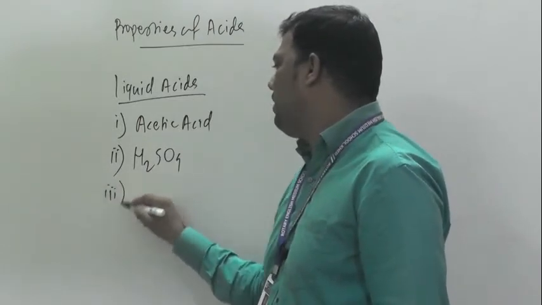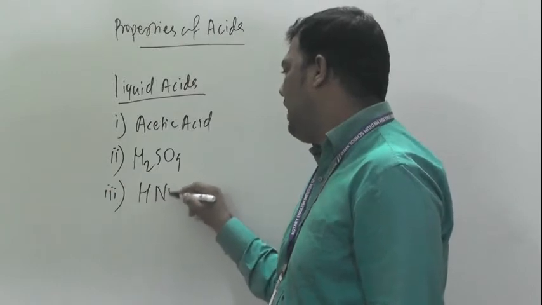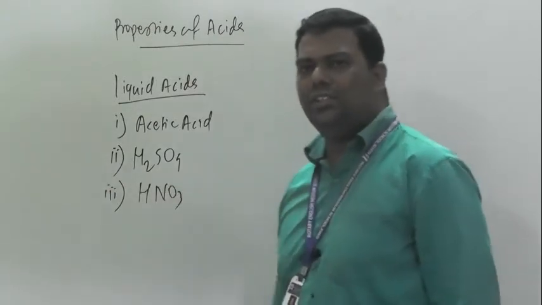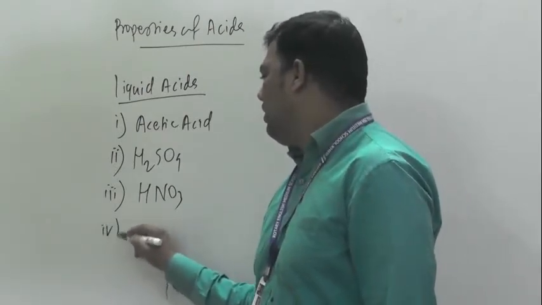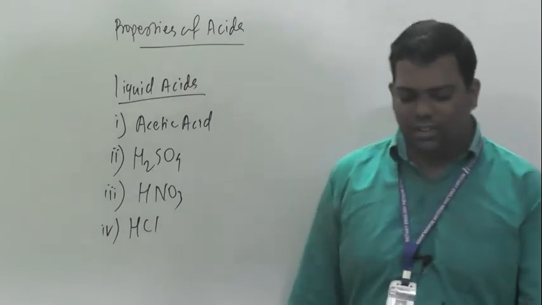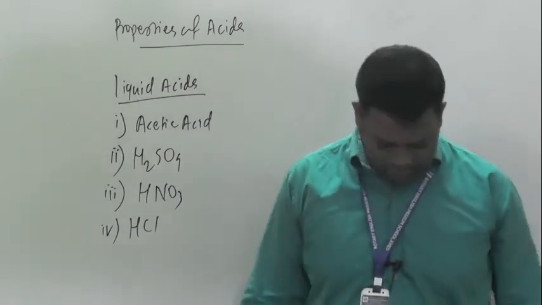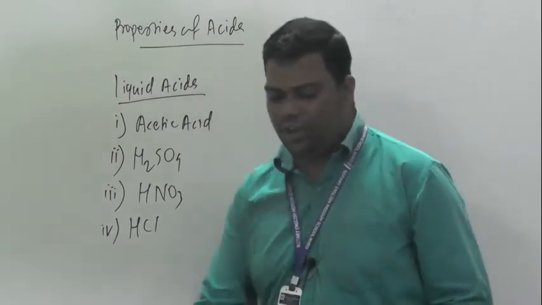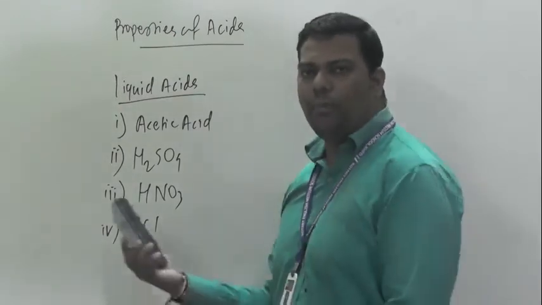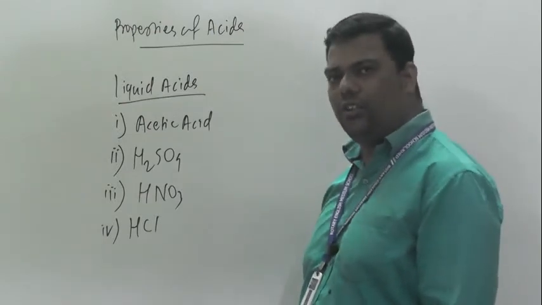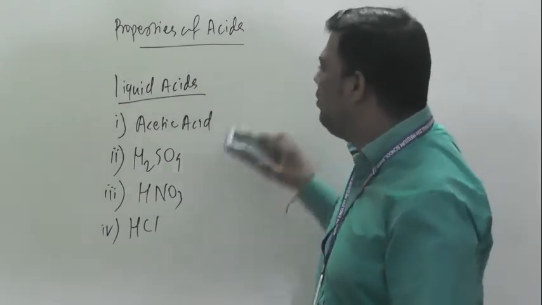Then nitric acid, HNO3. These are liquid acids. Then HCl is also there. So in the properties of acids, we discussed this small point as the physical state, with examples.